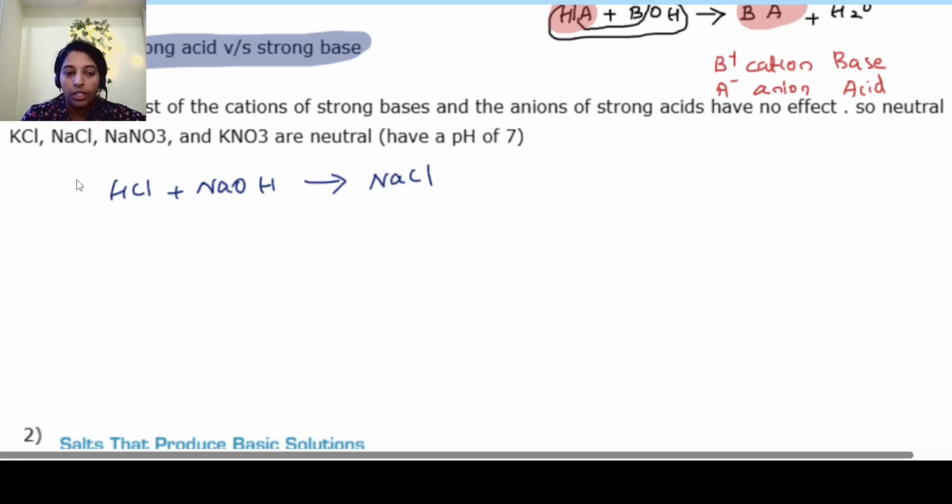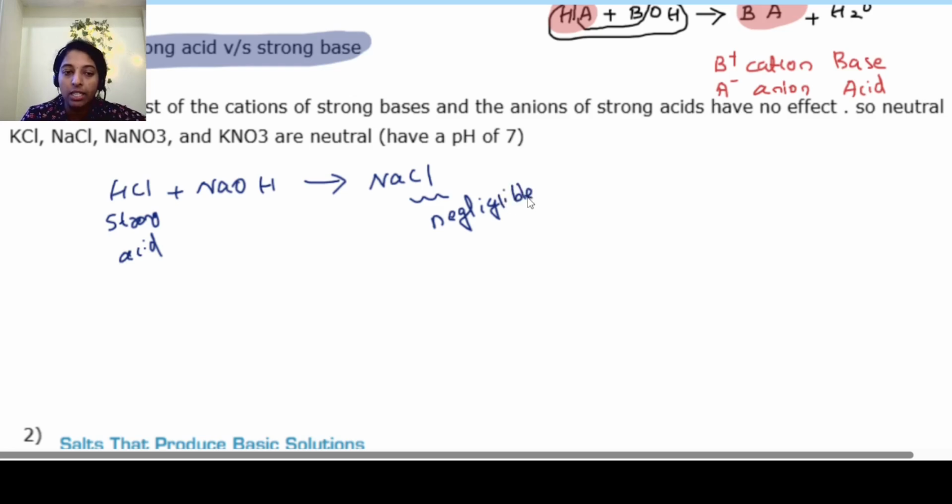You know that this is a strong acid. From a strong acid, the formed conjugate base will be negligible. Do you remember? We have studied that one. Every time a conjugate acid or conjugate base is formed from a strong species, the effect is negligible.